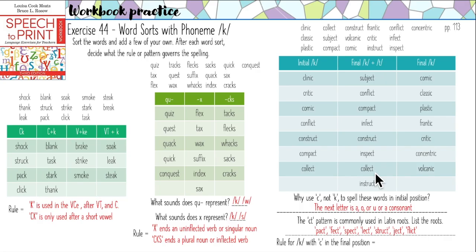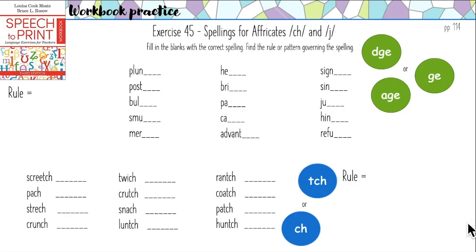We're not going to use a KT. It's just not an English-based word. It's a Latin-based word. And then what about that C in the final position? Well, it's a final syllable. It's unaccented. It's a morpheme part, so it's just like the root here. That's how we're going to spell that morpheme part. Okay, I hope that wasn't too confusing.